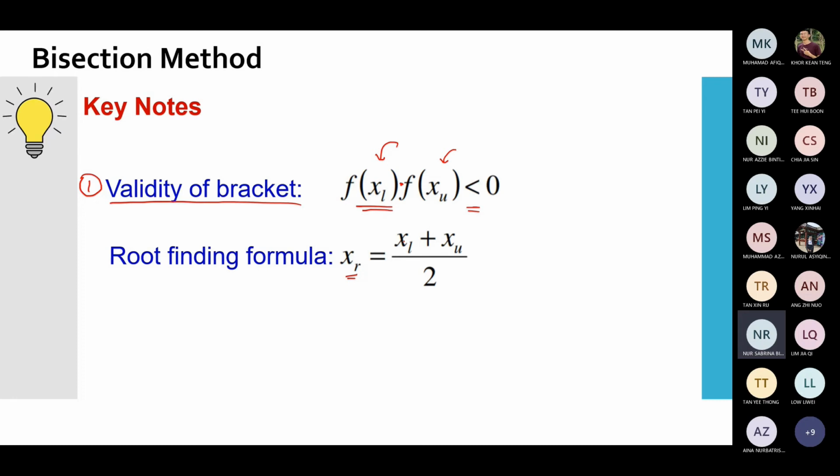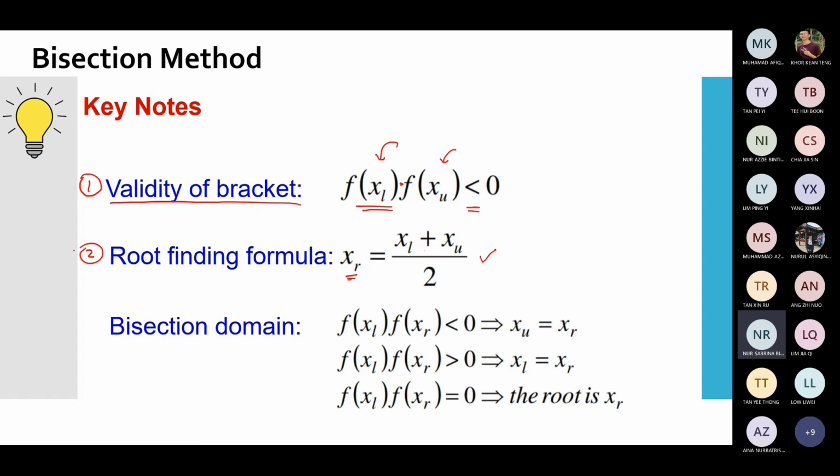So XR equals XL, the lower boundary, plus the upper boundary, divided by 2. This is your iterative formula in order to determine the iterative points to substitute into the function. This is the second step.